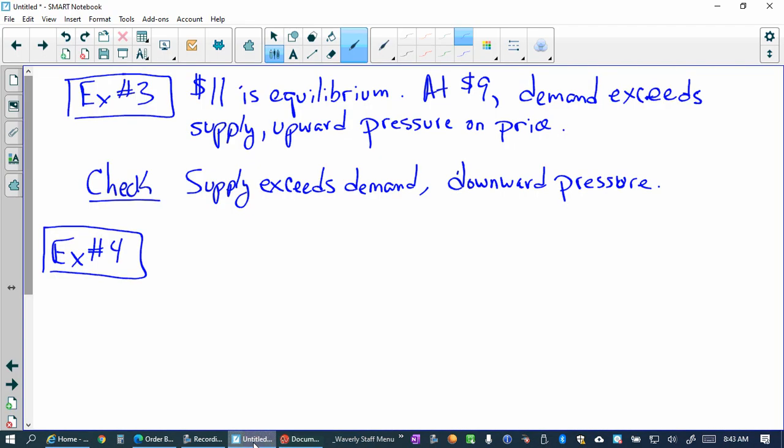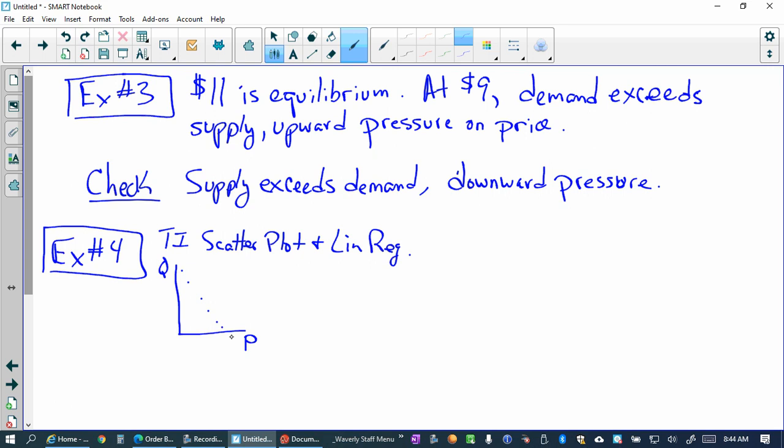We did a scatter plot first, so we just did our TI scatter plot and a linear regression. It kind of looked like this: price, quantity, roughly, just a rough sketch.